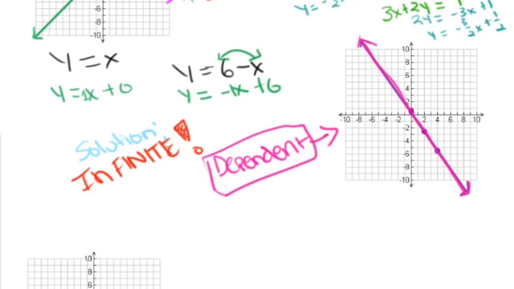Now let's look at another one. The equations for this one are y equals 3x plus 1 and y equals 3x minus 8. These are both in slope-intercept form already, so we can just graph straight away.